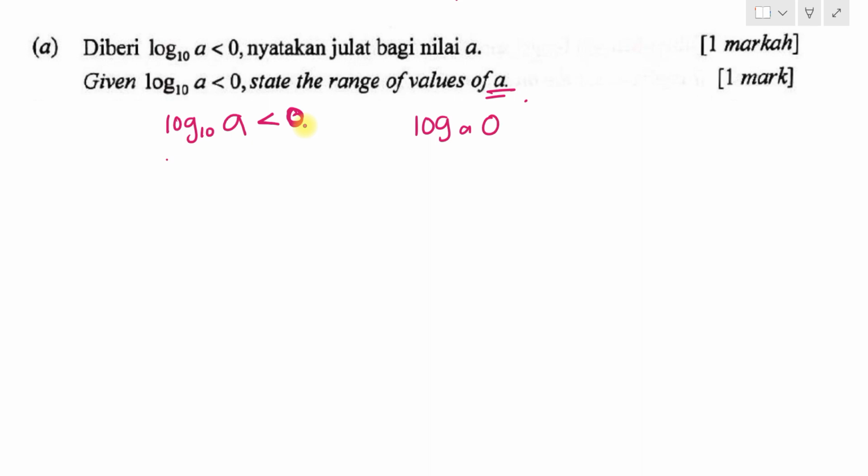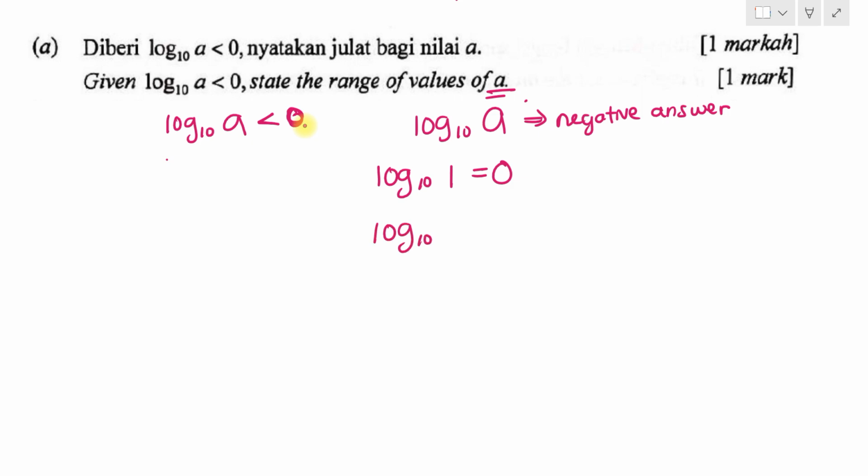Log 10 A, you want to get a negative answer. Okay, remember, log 10 1 is equal to 0. Log 10 of any number less than 1 is equal to negative.